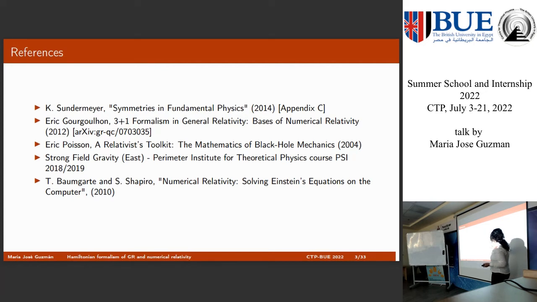And this book is a very complete compendium of numerical relativity and the state of this field of research nowadays, although it is from 2010. It has the theoretical basis for a lot of things that are used today.